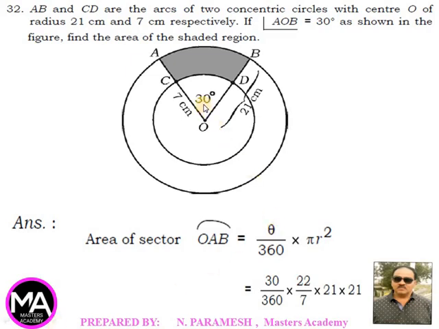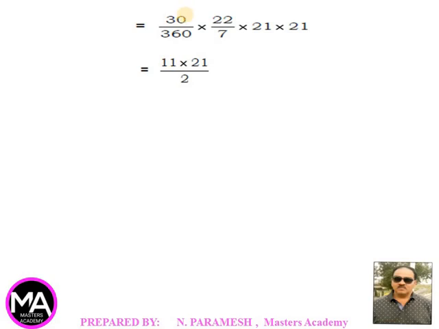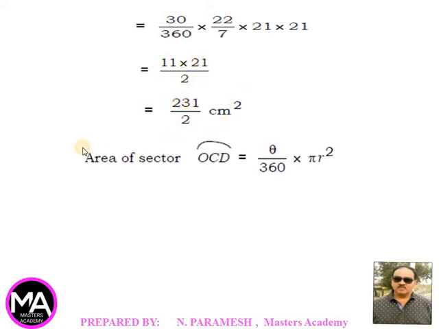Theta is 30 degrees divided by 360 into pi is 22 by 7 into radius 21 square, is equal to 30 divided by 360 into 22 divided by 7 into 21 into 21. After simplification, it is equal to 11 into 21 by 2, which is 231 divided by 2 centimeter square.